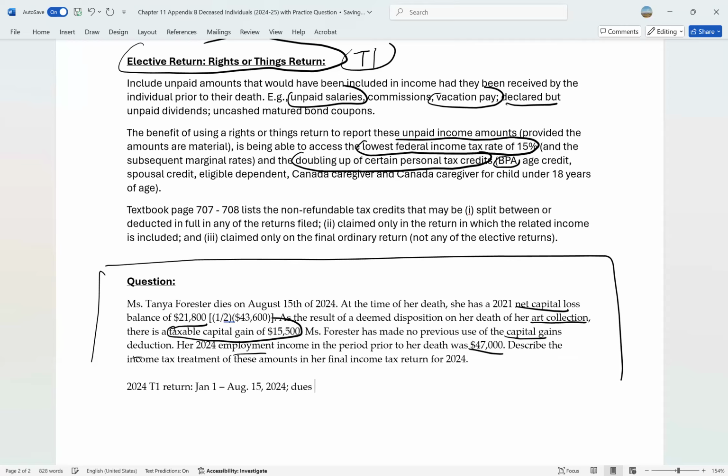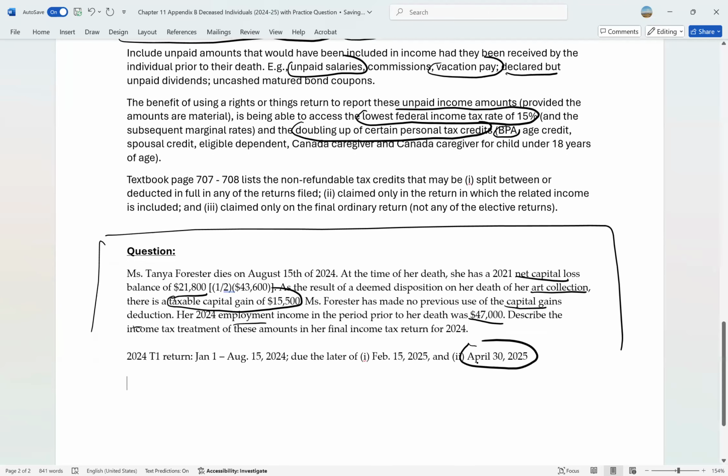It's going to be due the later of 6 months from the date of death, so 6 months from August 15th, that's February 15th, 2025, and the regular filing due date. She's an employee, no self-employment, so April 30th, 2025. So the later will be April 30th, 2025. That's when her legal representative or executor has to file the date of death return.